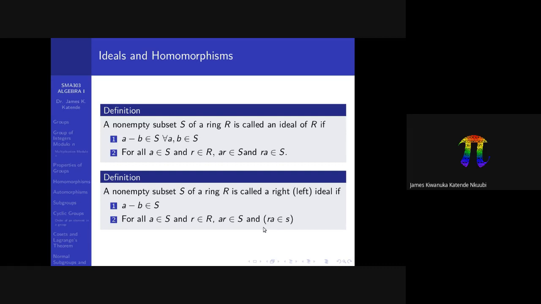So this one should be or. Actually, this and should not be here. I think I just copied what was up here and did not remove the and. So you just remove the and, then the bracket will simply respond. There are two statements. If you remove the right bit and leave only the left, then you'll have to exclude this bit, and you're left with only this left multiplication.